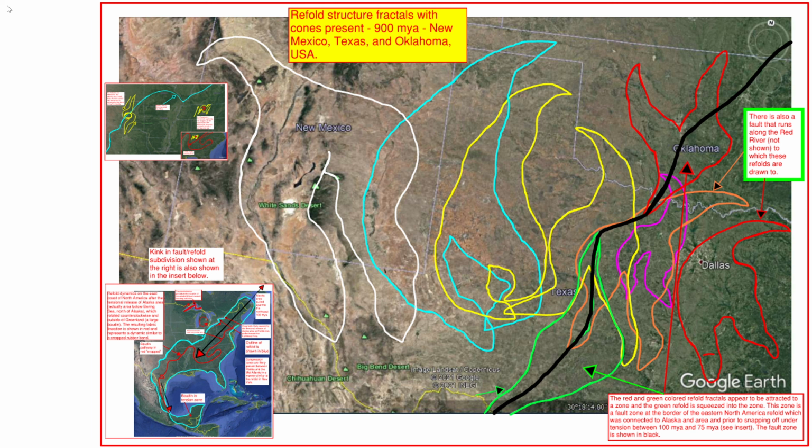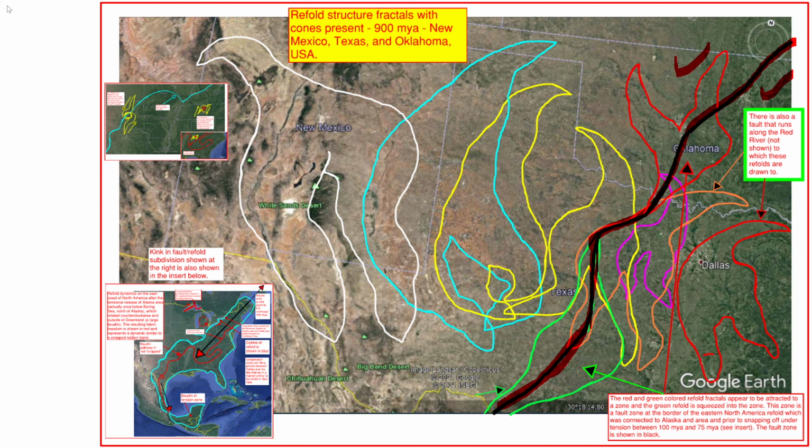Okay, these are refold structure fractals with cones present in New Mexico, Texas, and Oklahoma, USA. So I'm highlighting a black line here on the right side. What this represents is the borderline of the subdivision of the North America refold on the right side of this black line, and on the left side is the remaining part of the North America refold.